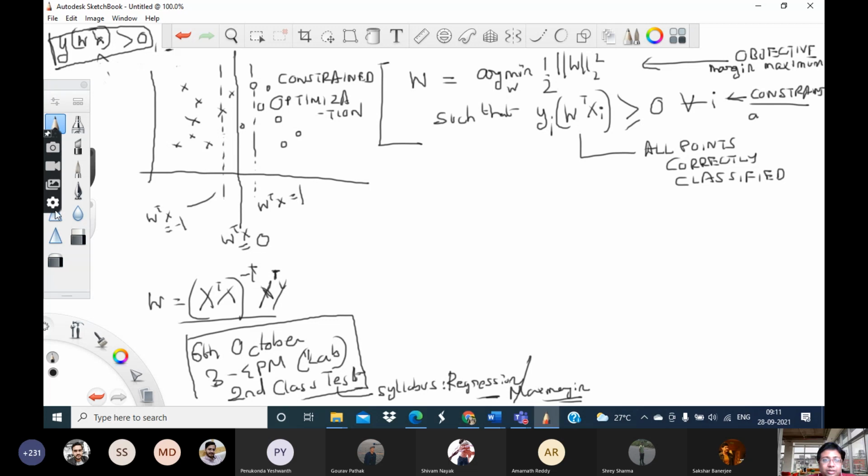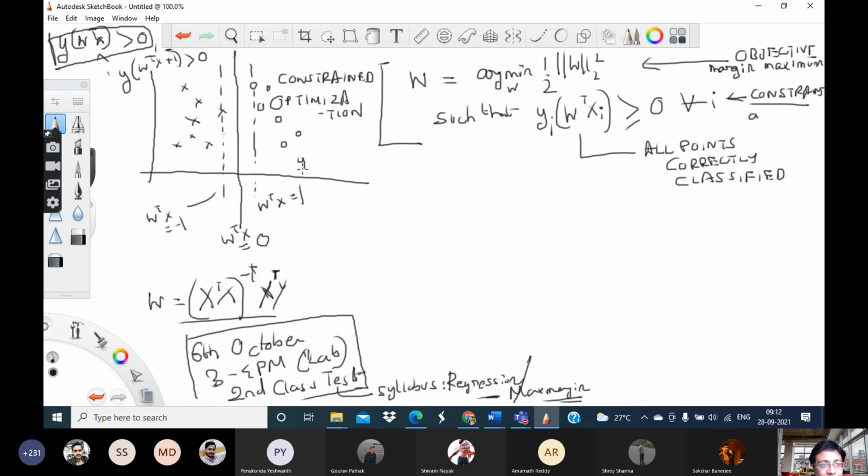Correct? So what we have to do is make sure that even the maximum margin classifiers correctly classify them. The maximum margin classifiers are of course this one. So for these points, Y times W transpose X plus 1 should be greater than 0.